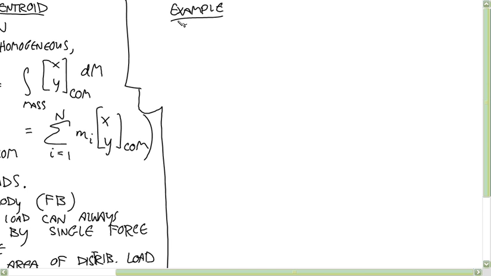Say that we have a cantilever beam connected to the wall. And a distributed load is being applied that looks like this.